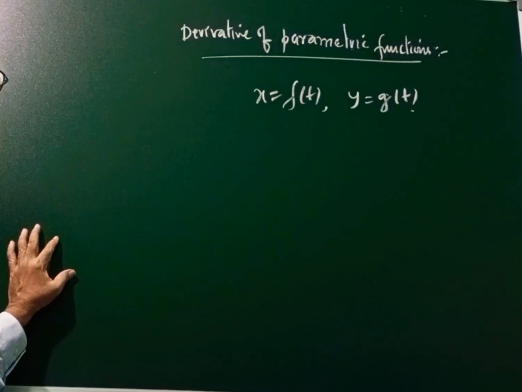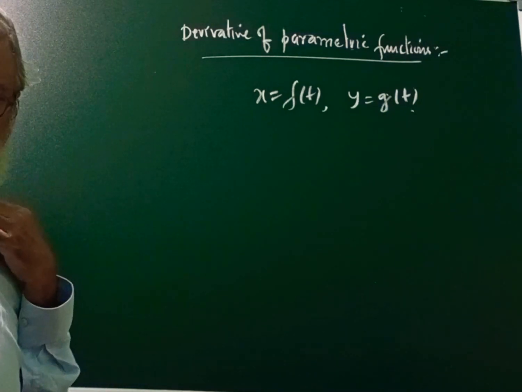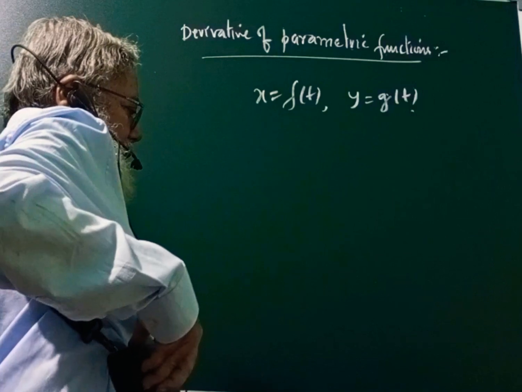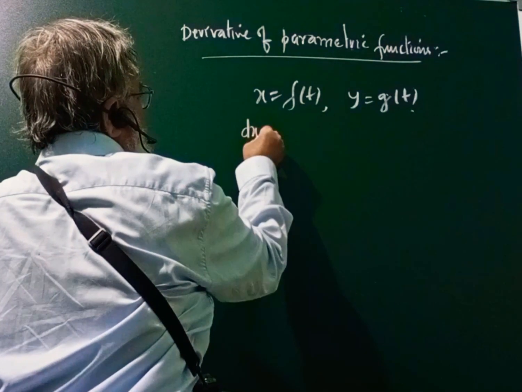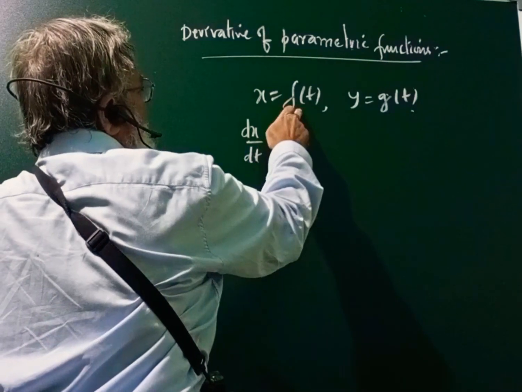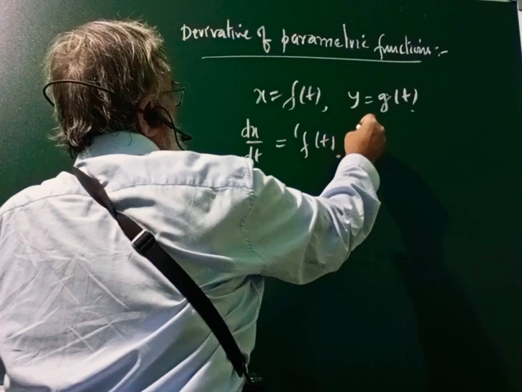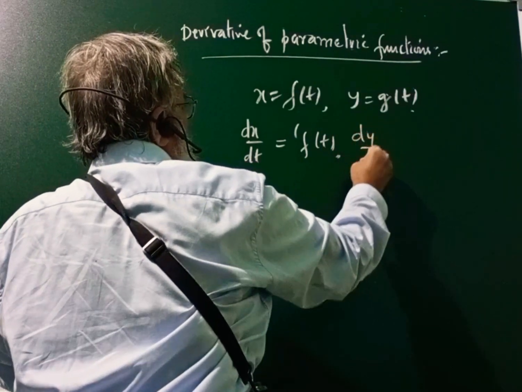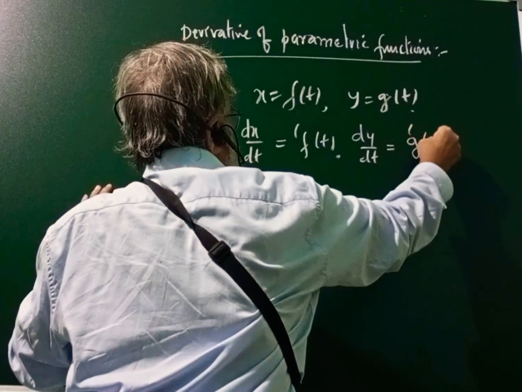How to differentiate and what is the formula for that? First, we differentiate x with respect to t. Because it is a function of t, we get f dash t. And then we differentiate y with respect to t, it is g dash t, suppose.